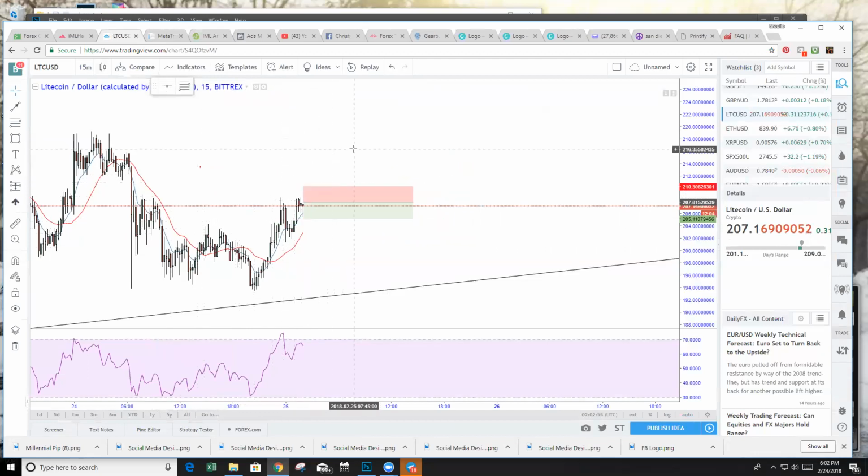I don't risk more than $10 or $20 per trade, max $20, because normally on Forex you want to do a 20 pip stop loss and a 5 pip take profit. But with cryptos, of course, it's a little bit different. So I put my stop loss, and if I'm down like $10 or $15 and it looks like a really bad trade, like it's starting to go the other way, I close out.